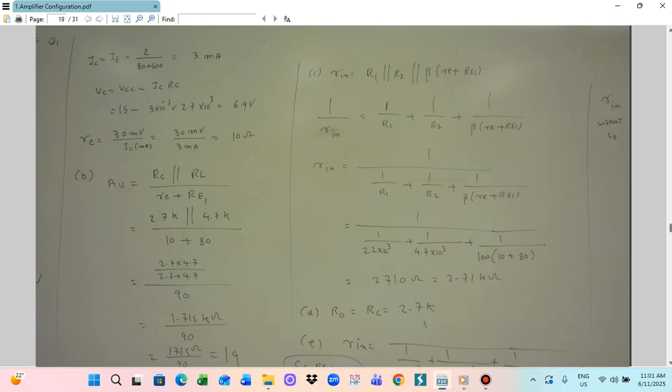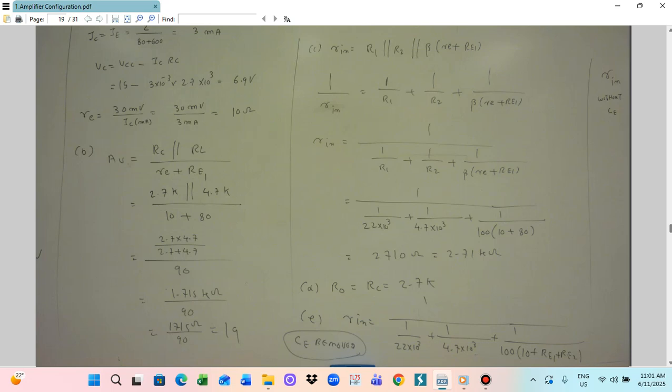By solving this, we got 1.715K divided by 90 ohm. So that will be around 19. So AV is equal to 19.